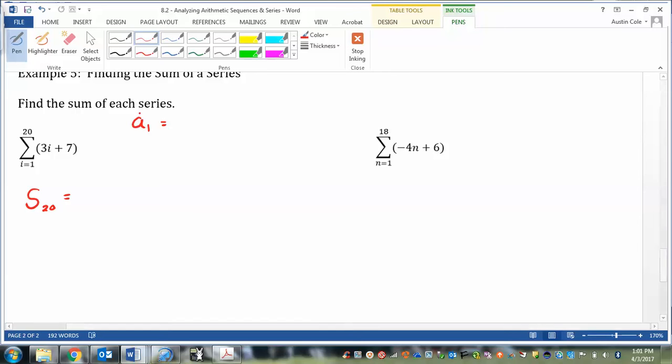So I better plug in 1 into my sequence. 3 times 1 is 3 plus 7 is 10. I then better plug in my upper limit, which is 20. I need to find a sub 20, the last term of my series. So if I plug in 20 there, 3 times 20 is 60, plus 7 is 67.